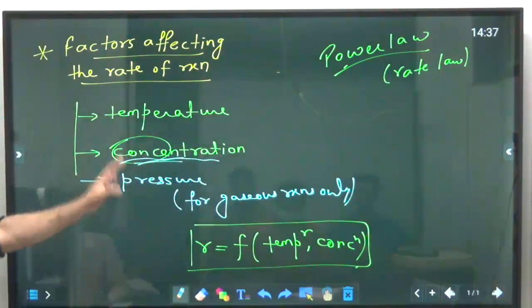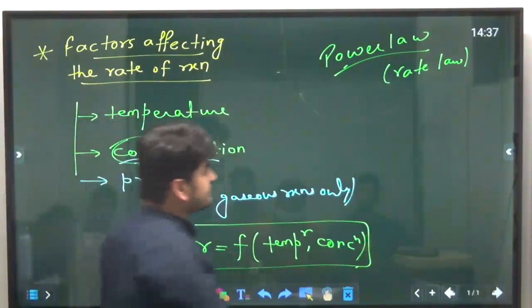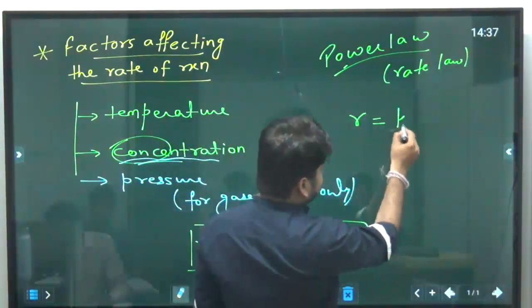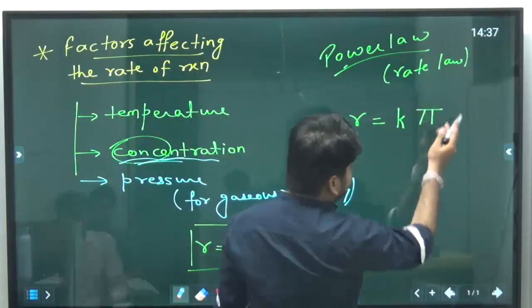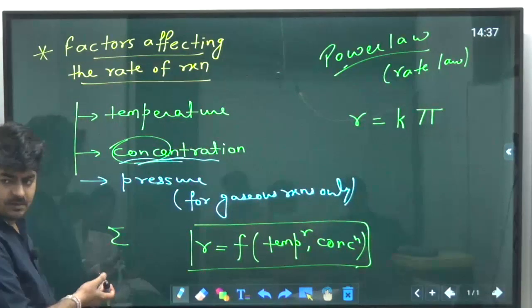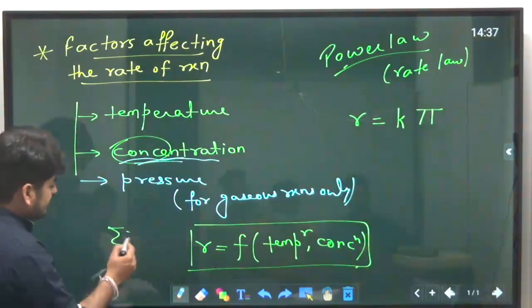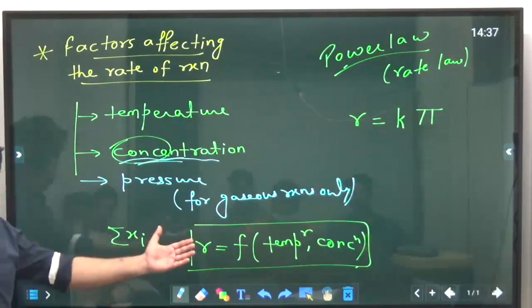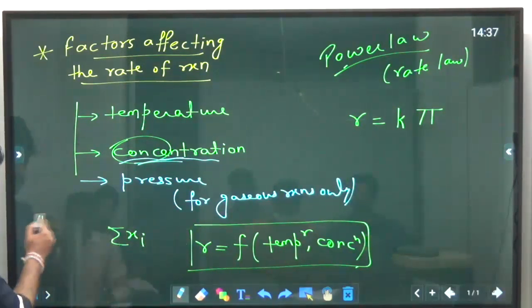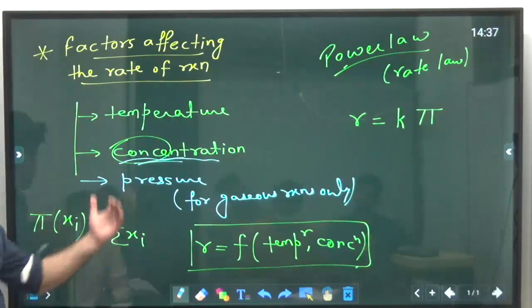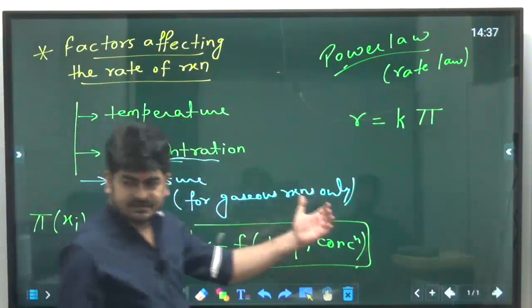According to that theory, we can write this function as rate of reaction R is equal to K product summation. Like you know this summation is for addition purpose. If I have summation xi, that means x1 plus x2 plus x3. Similarly, if I have product summation, that means x1 into x2 into x3 into x4, like that. Okay.